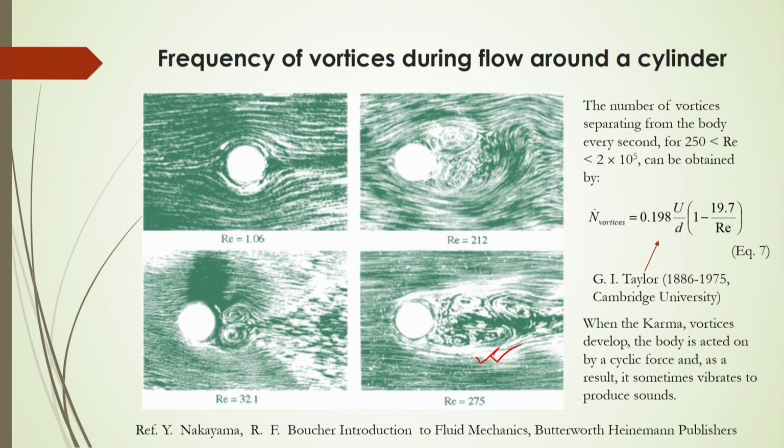Now, how many vortices will be formed per second, that you can calculate, you can estimate also. Now, this number of vortices separating from the body every second for Reynolds number 250 to 2 into 10 to the power 5 can be obtained by this correlation that is given by Taylor, and in this case the number of vortices per unit time will be equal to 0.198 u by d into 1 minus 19.7 by Reynolds number.